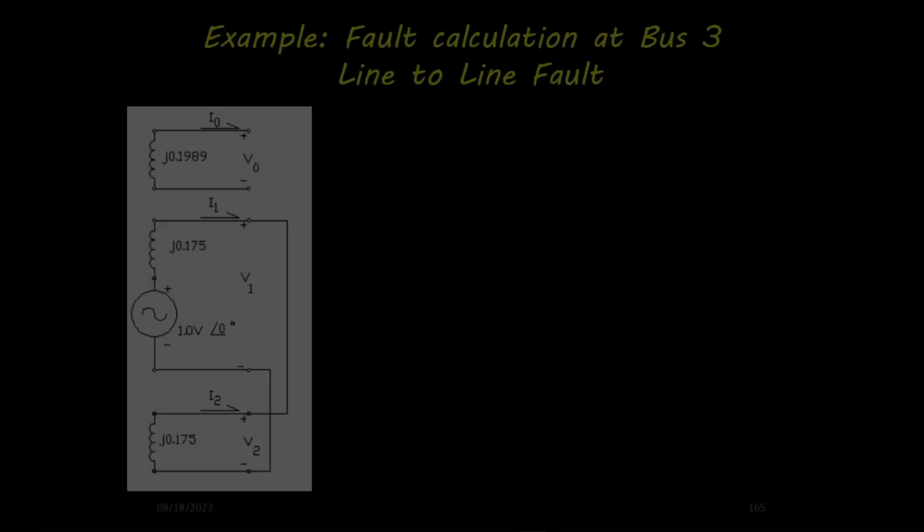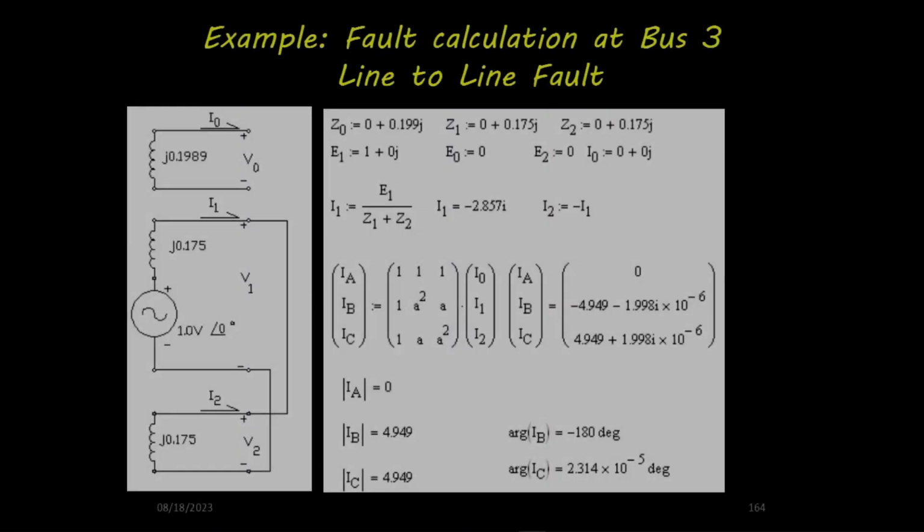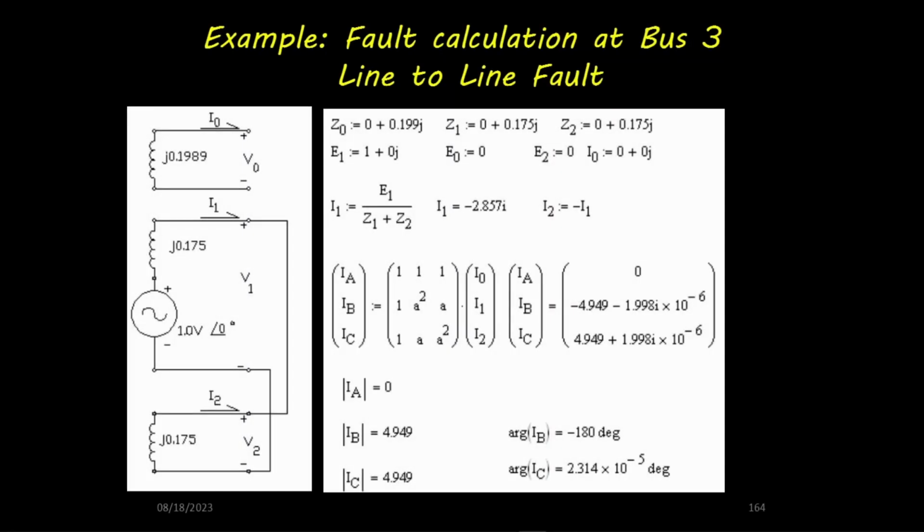For the line-to-line fault, we connect the positive sequence network in parallel with the negative sequence network. This gives us the network shown. I1 is equal to E1 divided by Z1 plus Z2. I2 is equal to minus I1 and I0 is equal to 0.